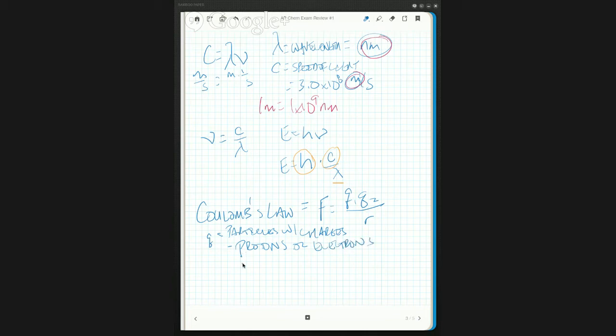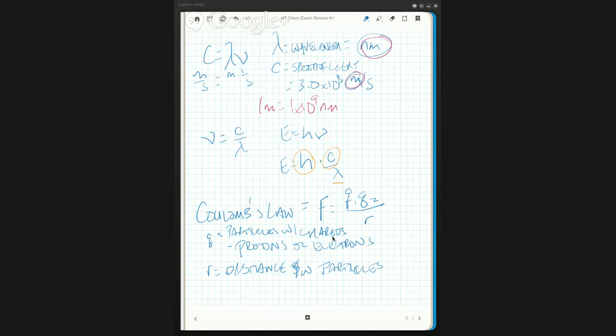And R is, of course, the distance separating them, the distance between the particles. All right, so we'll just call those the essentials of that.